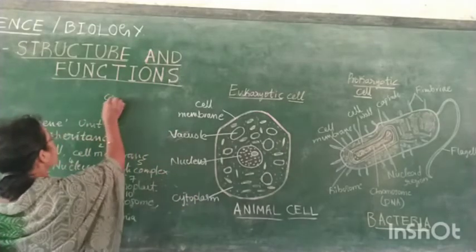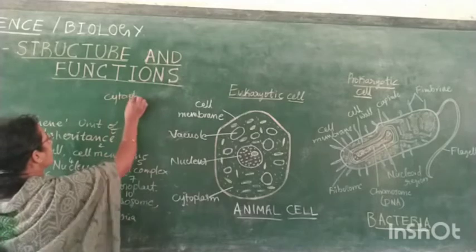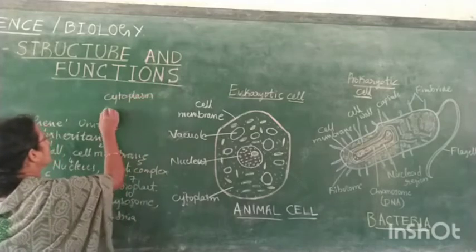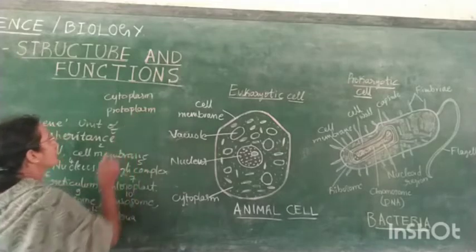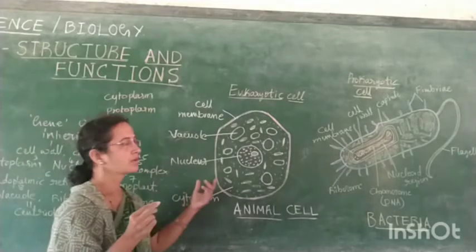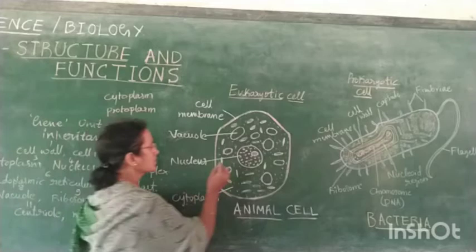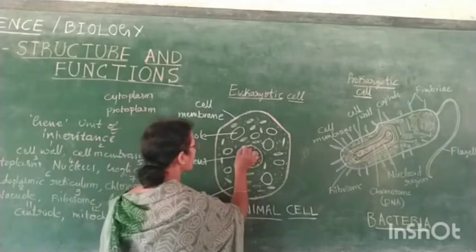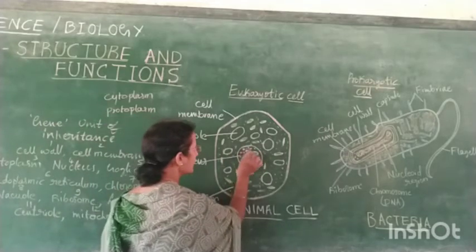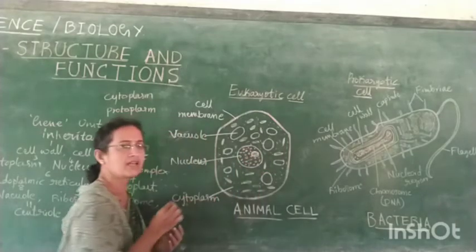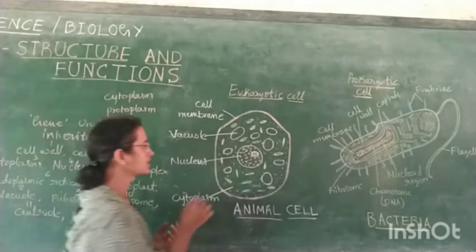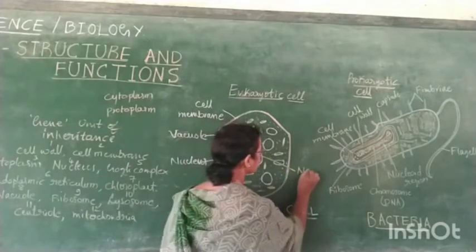See here, cytoplasm is different from protoplasm. What is protoplasm? To know that, we have to know about the nucleus. Inside the nucleus you find a spherical dark structure called nucleolus.